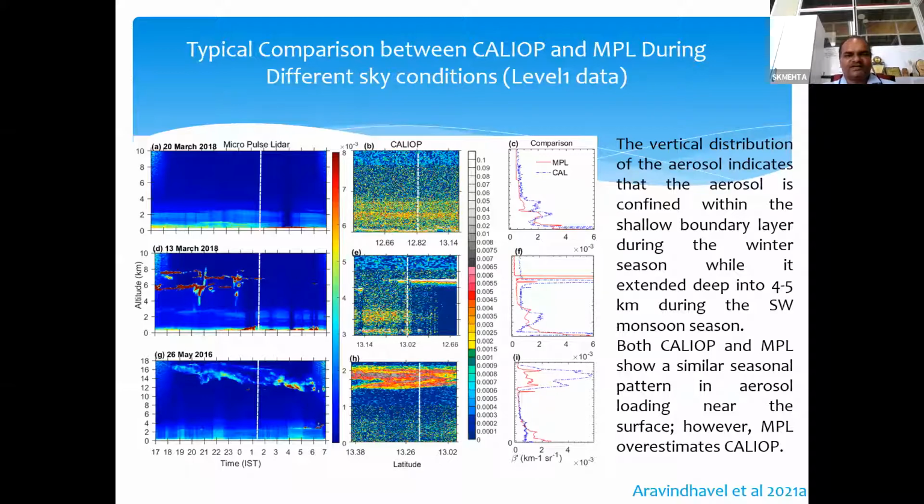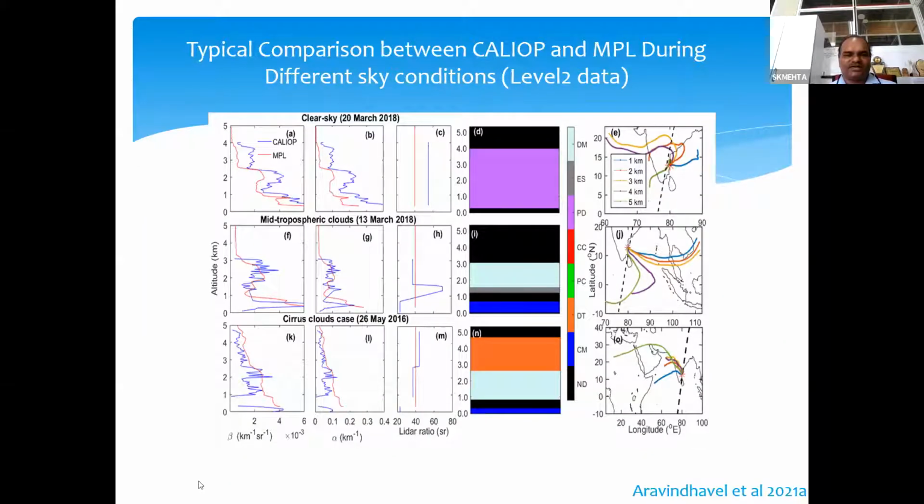Here we have also understood that it comes down to what lidar ratio you are using, because Calypso has a technique to determine the lidar ratio and then calculate the profile, and we have other things. In order to understand what lidar ratio Calypso gives and what we have used, and whether the differences are coming due to the lidar ratio, some studies were there.